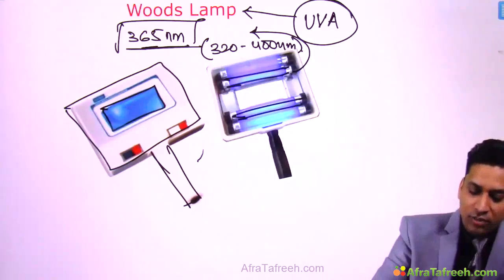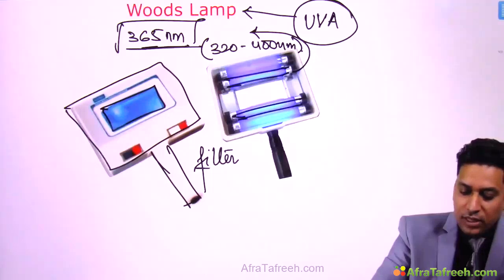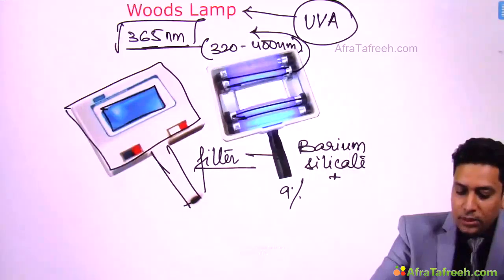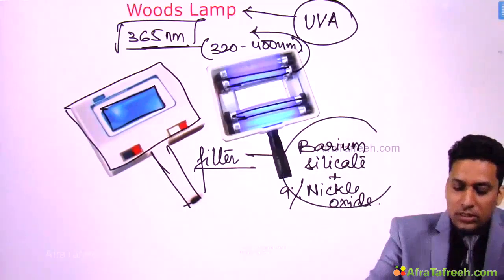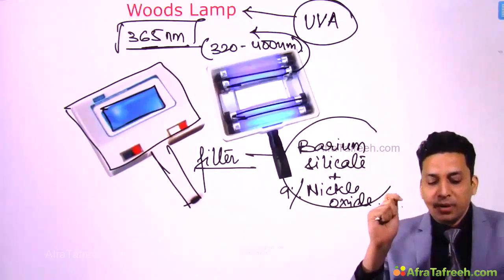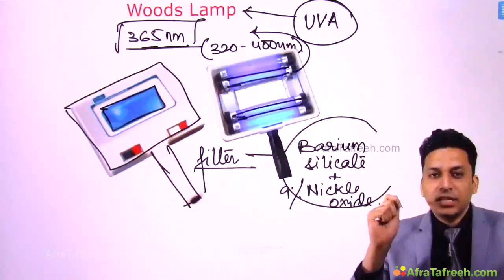Now there is a filter in Woods lamp, and this filter is made up of barium silicate and 9% nickel oxide. So this is also sometimes asked, that filter of Woods lamp is made up of. So remember, it is made up of barium silicate and 9% nickel oxide.